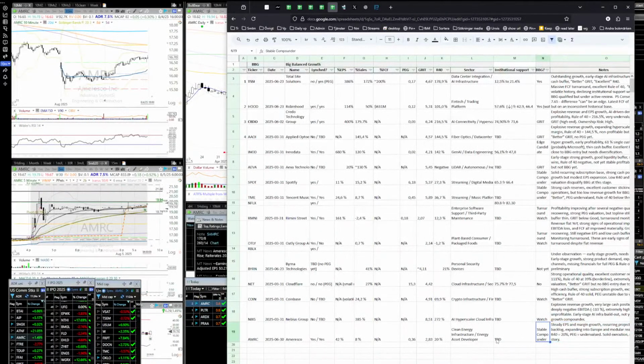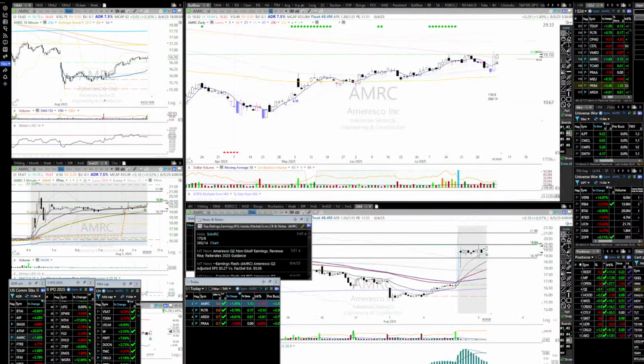Okay, stable compounder. It's like Spotify and Tencent Music. It's a valuation story, if anything. So it's not hypergrowth, even though it did beat.